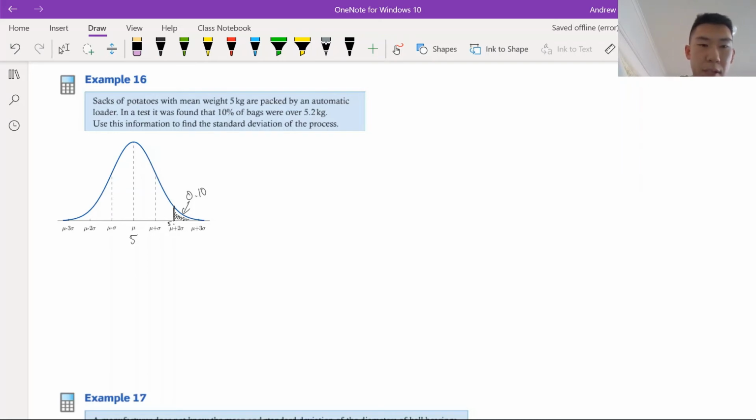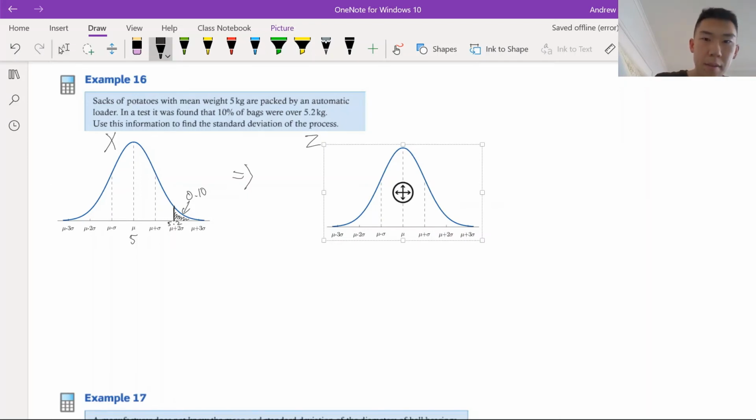Since we don't have the standard deviation, the way we find it is actually by standardizing this. So if I label this curve X, let's standardize this into another curve, but let's call it Z. If we standardize it, that's going to be 0. Now we can use inverse normal. We know that this area here is 10%.